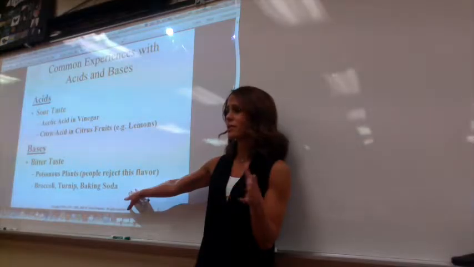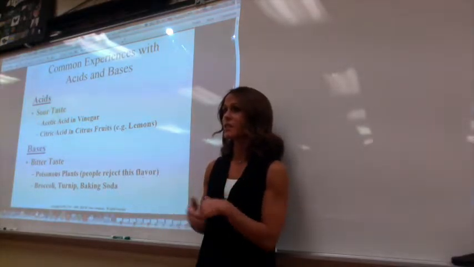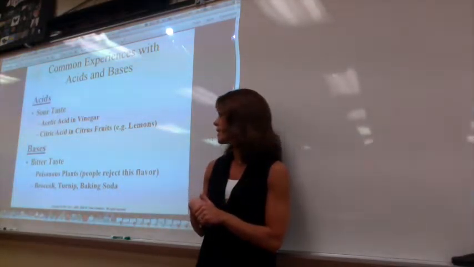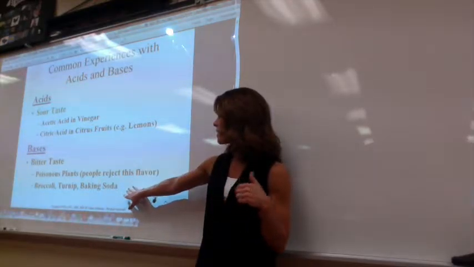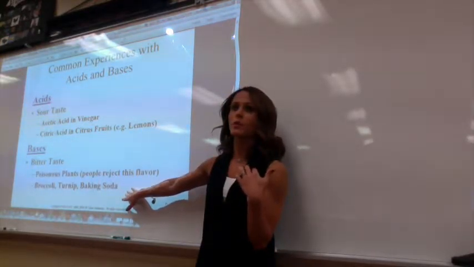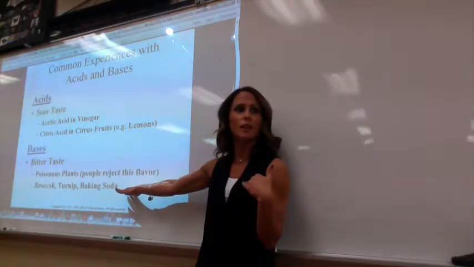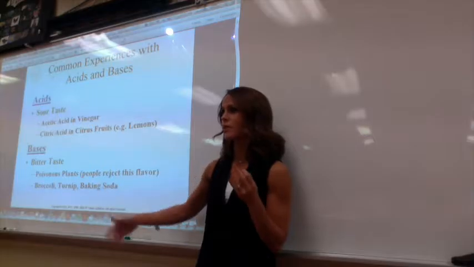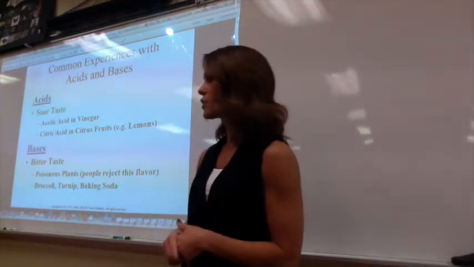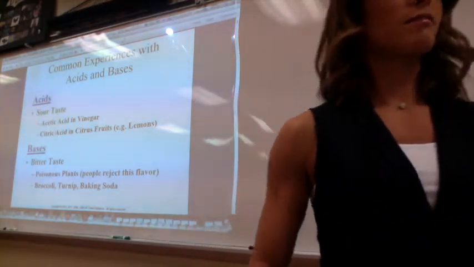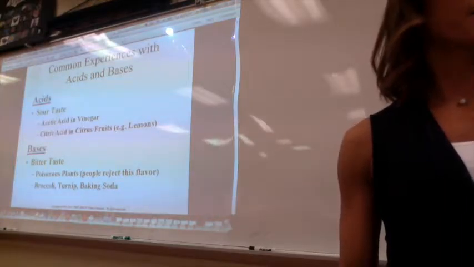Some salts, like table salt, has iodine added to it so that you can get additional iodine. But perhaps if you need that iodine, your body would reject the flavor of broccoli and turnips because it's trying to get iodine into your body, and if you eat that, it would inhibit it. So your body tells you what you need, so that would be one of the ways of doing it: you just don't like the taste of it.